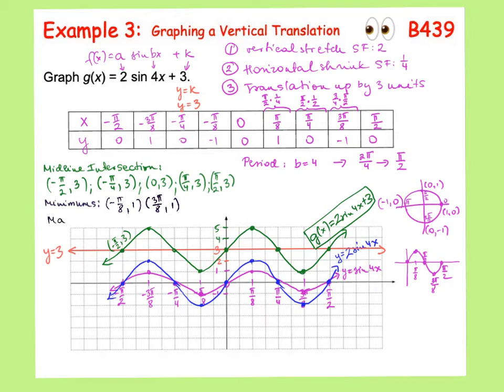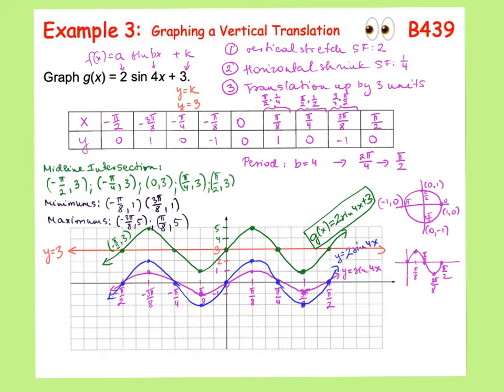And then the maximums, our first maximum occurs right here, and the y-coordinate of that point is going to be 5. So it's negative 3 pi over 8 and 5. Our next maximum is going to be at pi over 8 and 5.